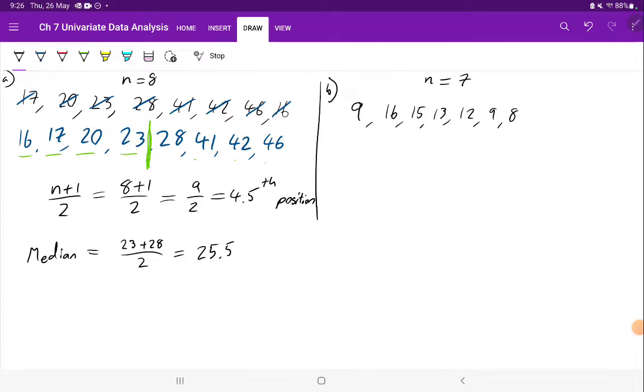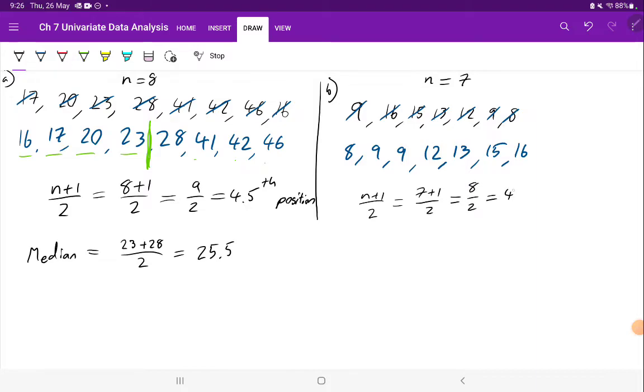So let's look at B, where we've got an odd number of numbers, only 7. Let's put them in order first. 8, 9, 9, 12, 13, 15, 16. Alright, well, it's going to live in the n plus 1 over 2th position, which is going to be 7 plus 1 over 2, which is 8 over 2, which is 4.